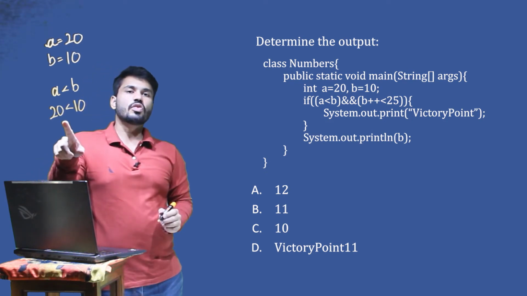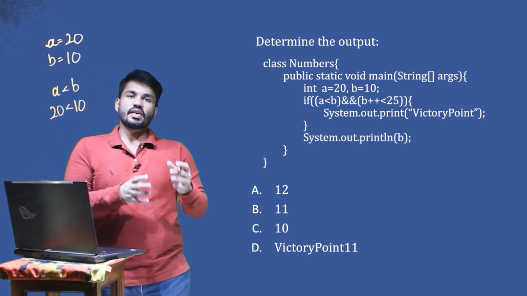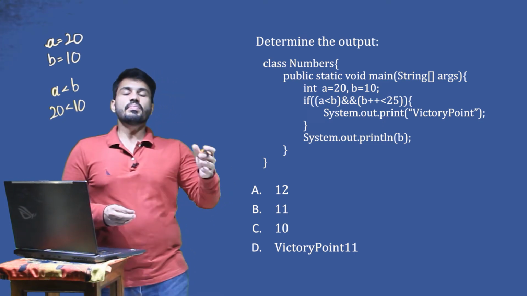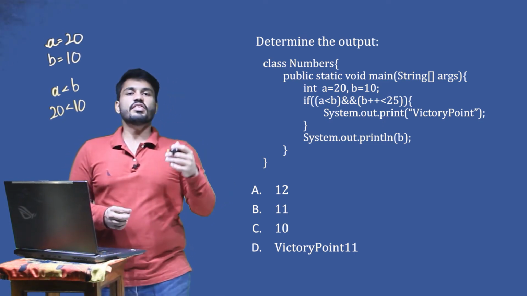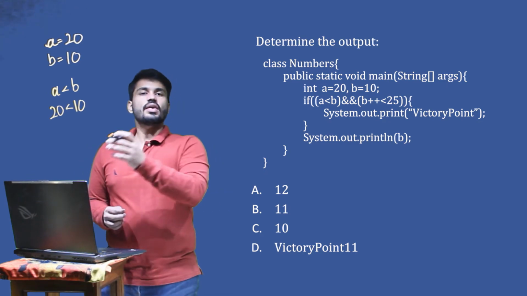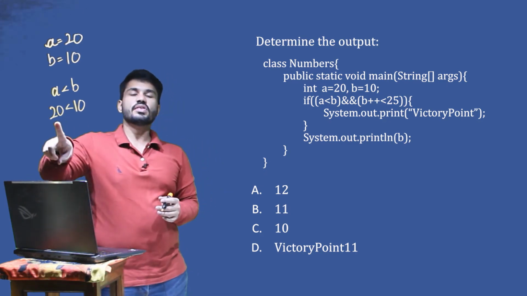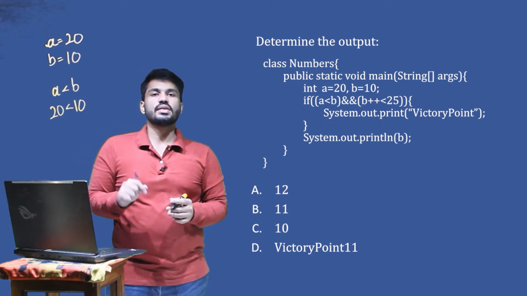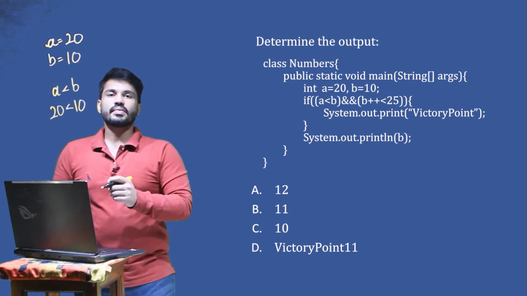So this becomes false. So if there are various expressions connected through AND and even one of them becomes false, the answer will always be false. So here also, if the first expression is false, we do not have to evaluate the second expression to find out the answer. This is called short circuiting.